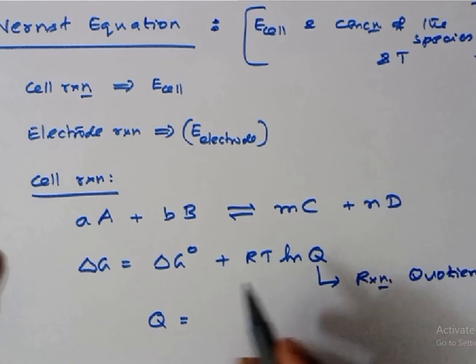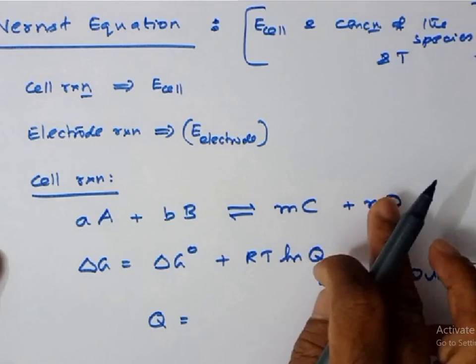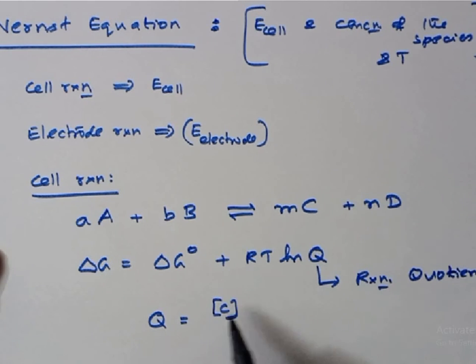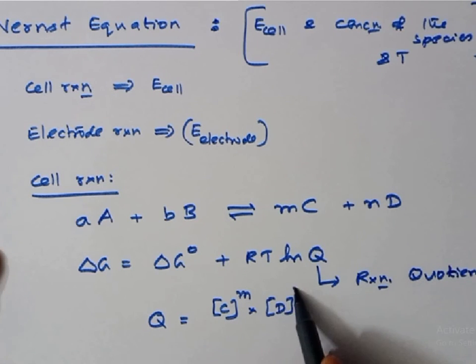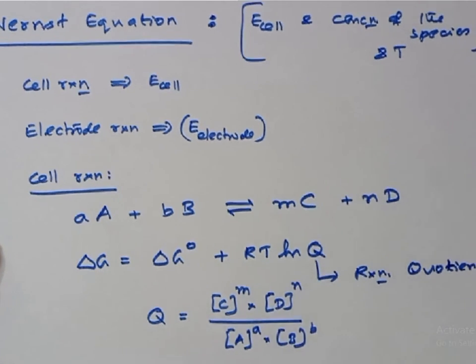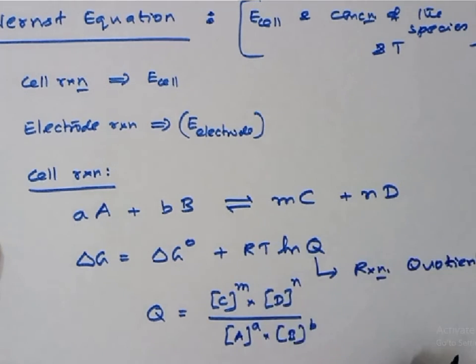Very simple. Reaction quotient Q is equal to, right? I'll use concentration instead of activity. We are supposed to use activity for the species, but I'm going to use concentration. Molar concentration of the product C power M into molar concentration of D power N divided by molar concentration of A power A into molar concentration of B power B. Here these concentrations are not equilibrium concentrations.